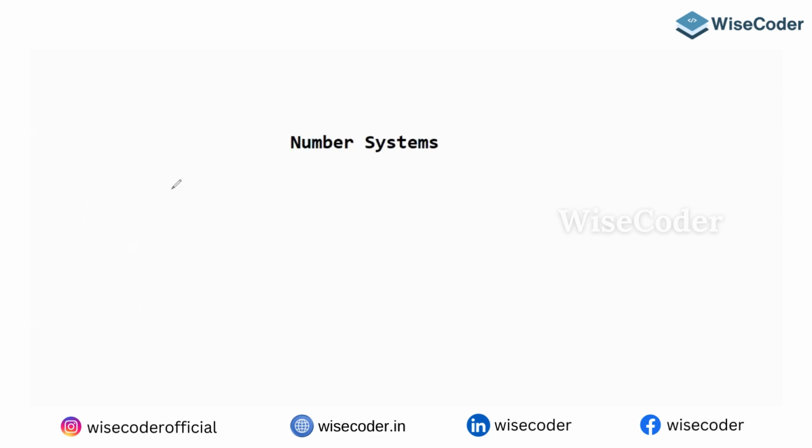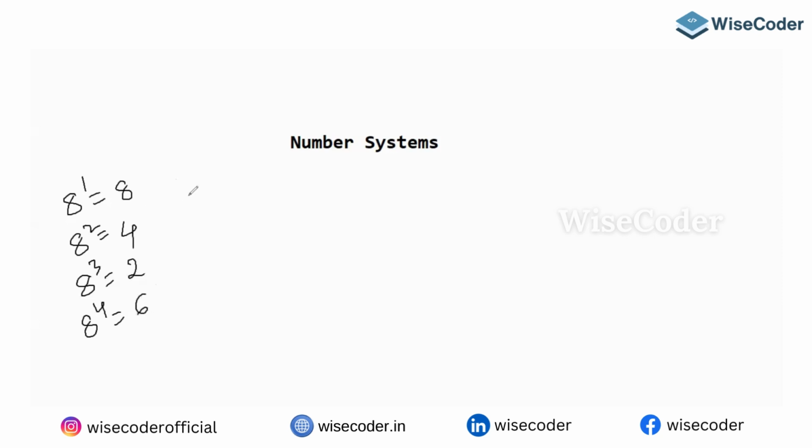What is the next one, guys? 8. 8 power 1, 8. 8 square is 64. 8 cube is 512. 512 means the unit digit is 2. So 8 power 4, 2 into 8, 16.